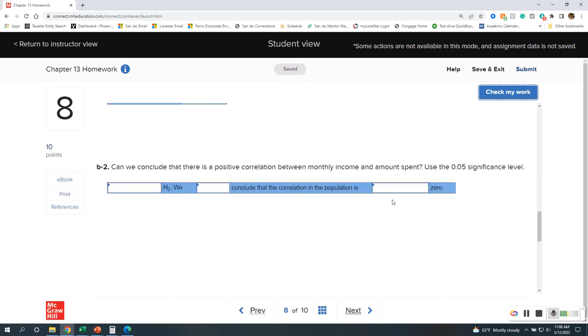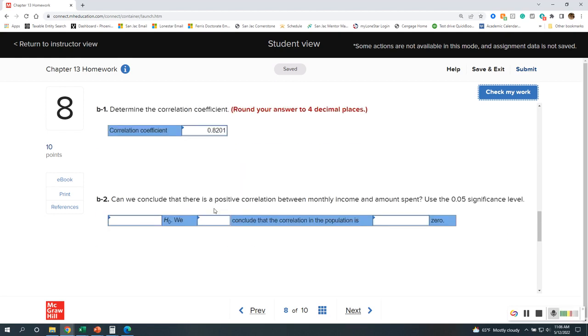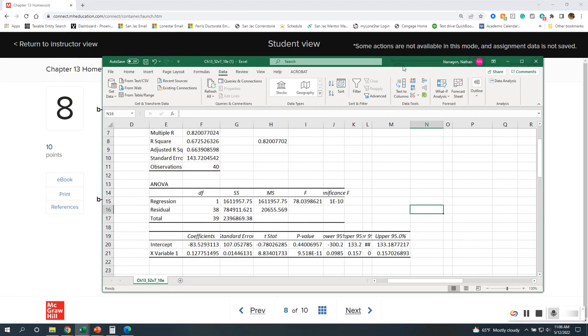Turn to question. Can we conclude that there is a positive correlation between monthly income and the amount spent? Use the 0.05 significance level. Alright, so basically they want us to find the T statistic. Well, we need to find, first off, our actual T stat.